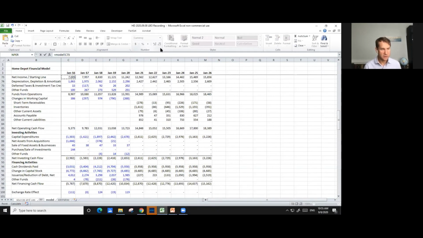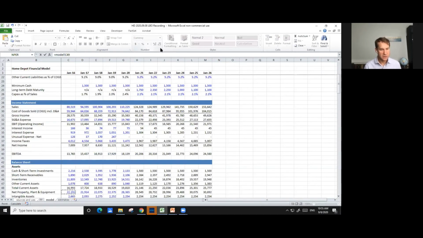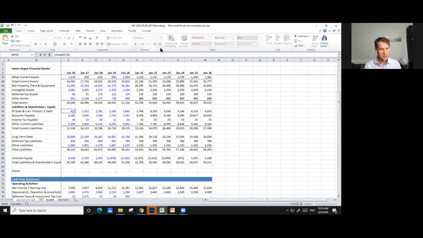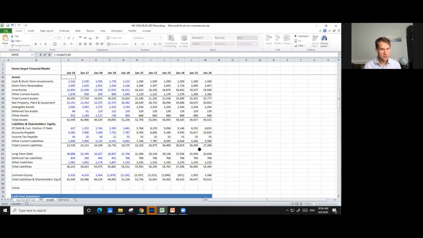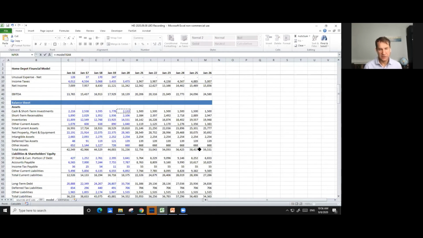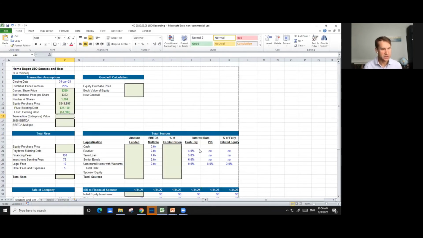On the balance sheet here, the debt is current debt plus long-term debt, so 37,150, and then minus cash. It's 1,500. That was, remember, our assumption, how much cash they should have at the end of the year. And then the enterprise value would be equity value plus debt minus cash.